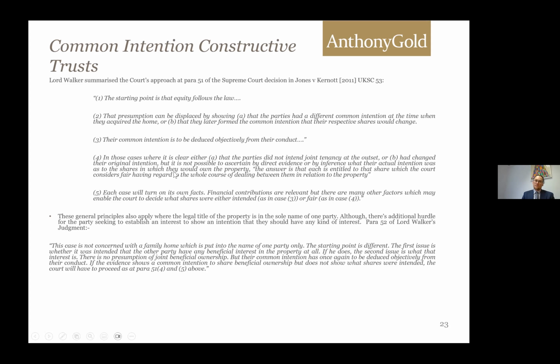And the cases of Stack and Dowden, Jones and Kernot were classic cases of joint ownership, with two people on the title. But it's also well established that these principles apply where there's only one person on the title and it's someone not on the title at all seeking to establish a beneficial interest.